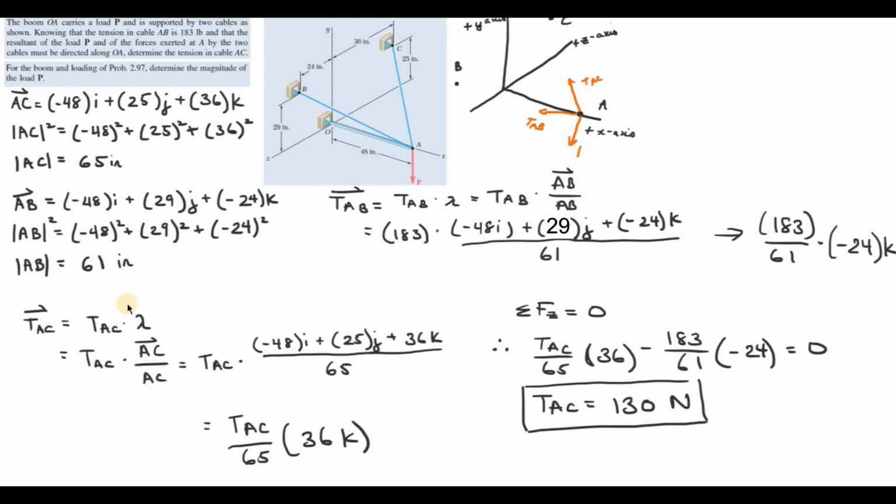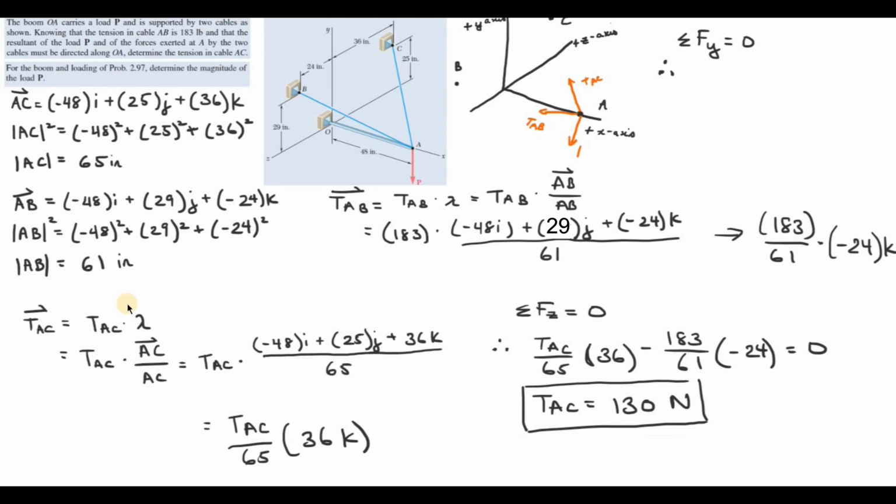Solving for the load P, the sum of the forces in the y direction has to equal 0. Therefore, we need to take the components of tension AB and tension AC in the y direction.